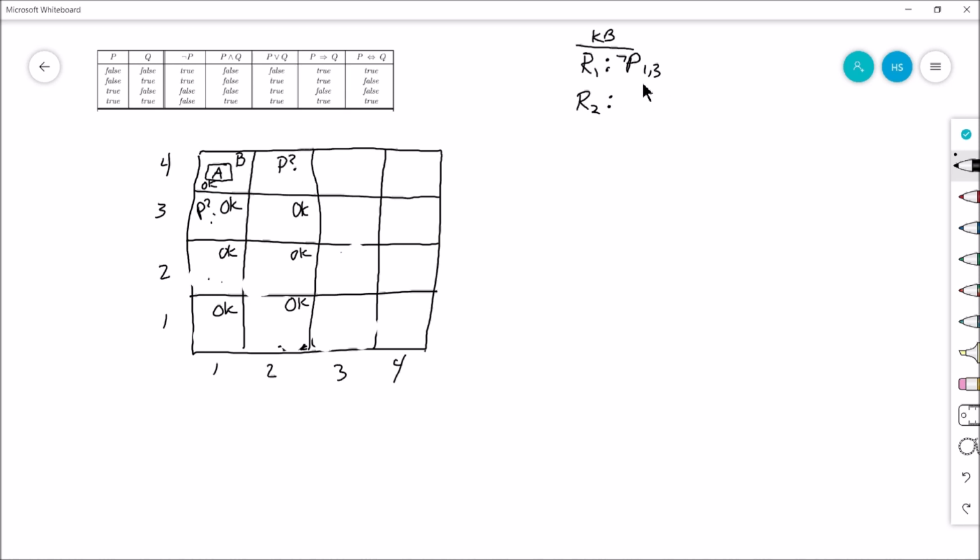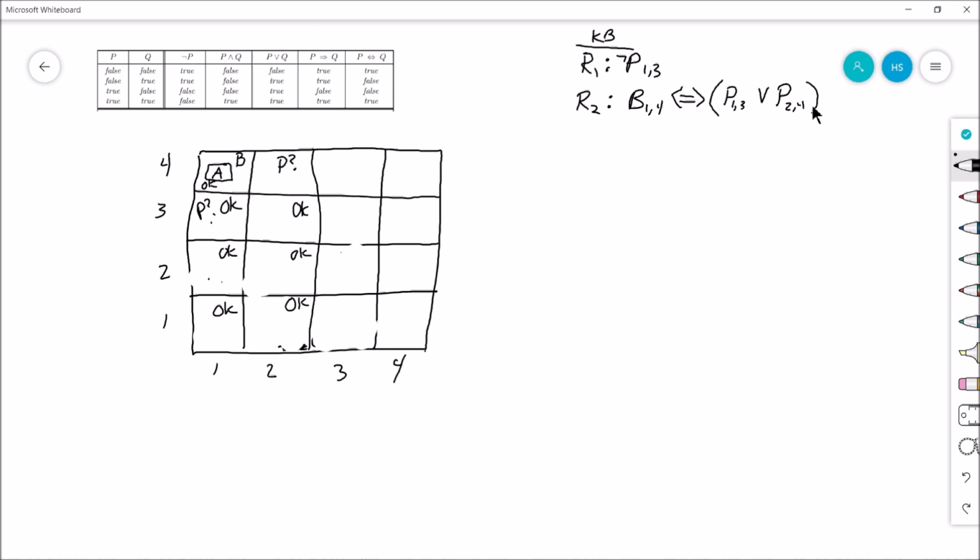The other rule is that we've sensed a breeze in 1, 4. And if there's a breeze, then there must be a pit in at least one of the adjacent squares. So that means there would have to be a pit in 1, 3, or there'd have to be a pit in 2, 4.